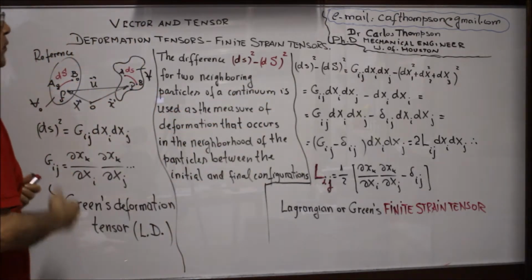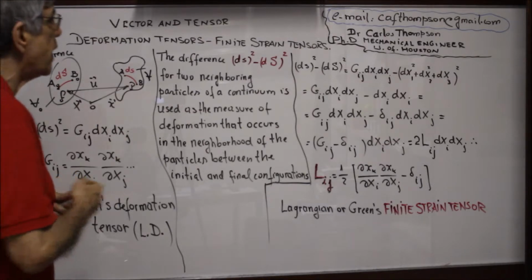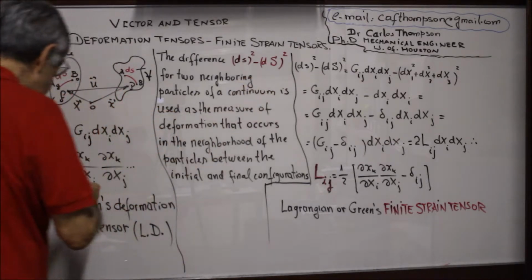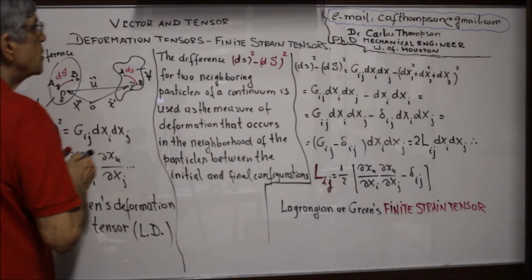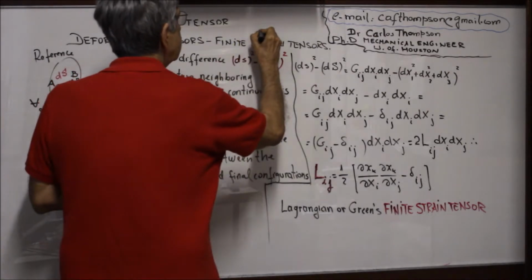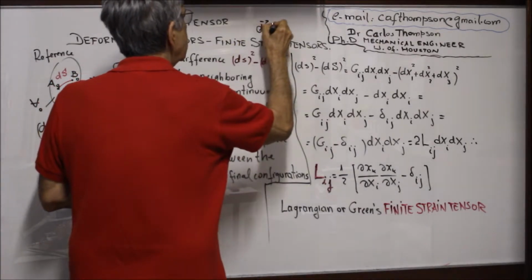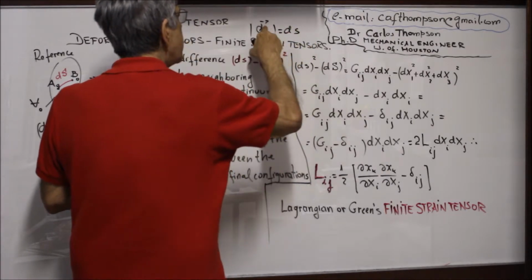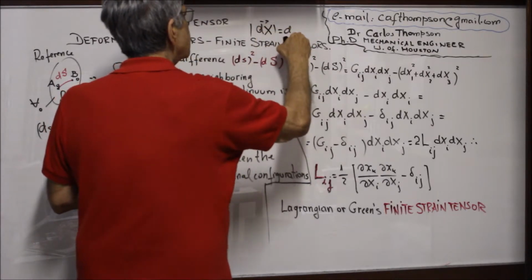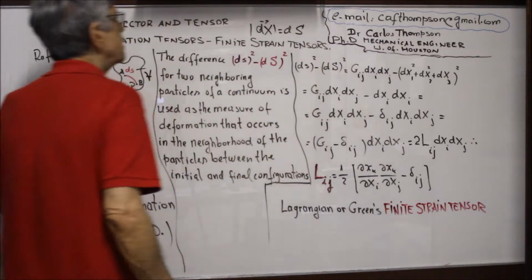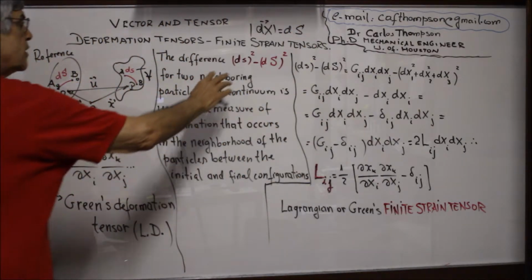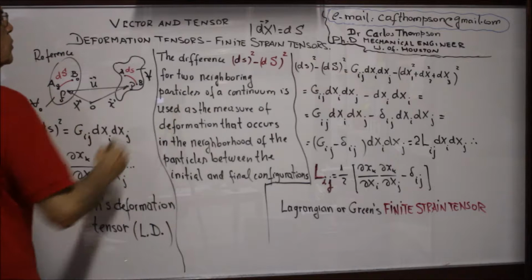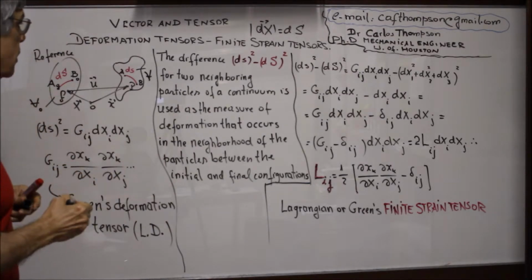The magnitude of dx we call ds, and the magnitude of vector dX we call dS. Now we want this difference for two neighboring particles of a continuum.